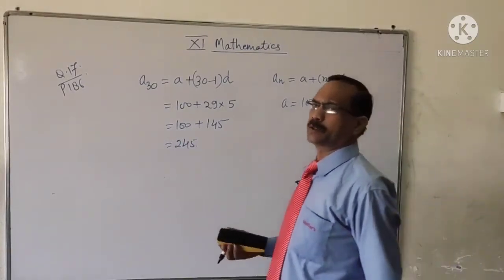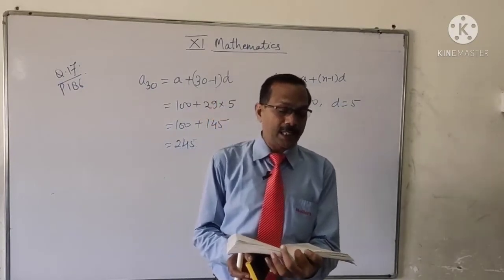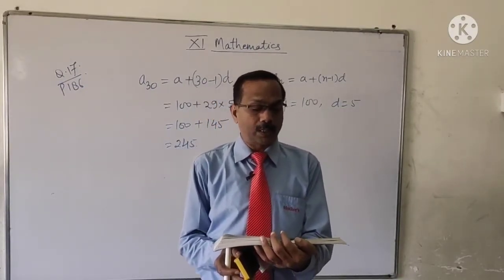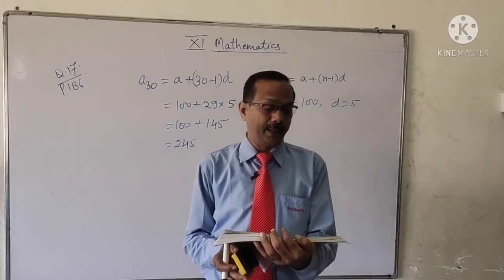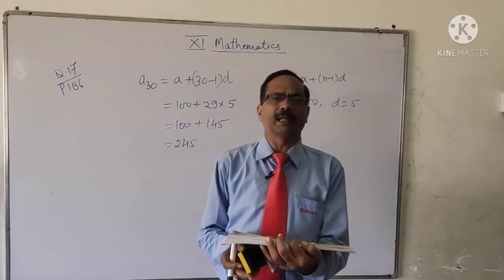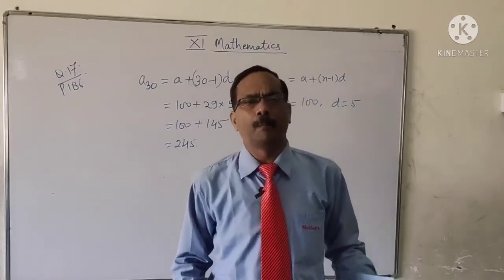Now next is question number 18. The difference between any two consecutive interior angles of a polygon is 5 degrees. If the smallest angle is 120 degrees, find the number of sides of the polygon.